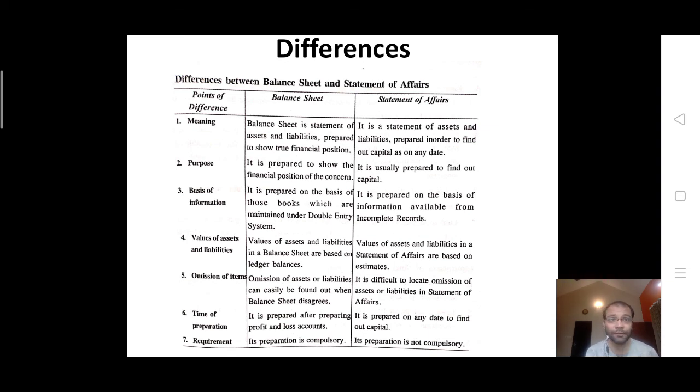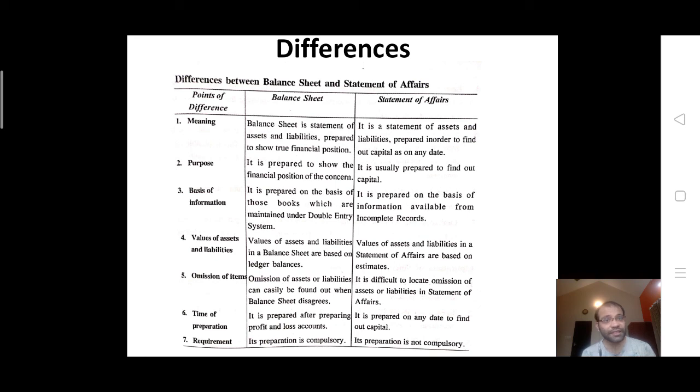But the statement of affairs is prepared based on the information available from incomplete records of accounts. Value of assets and liabilities. In the balance sheet, they are based on the ledger balances. But in the case of the statement of affairs, the values of liabilities and assets are based on estimates.